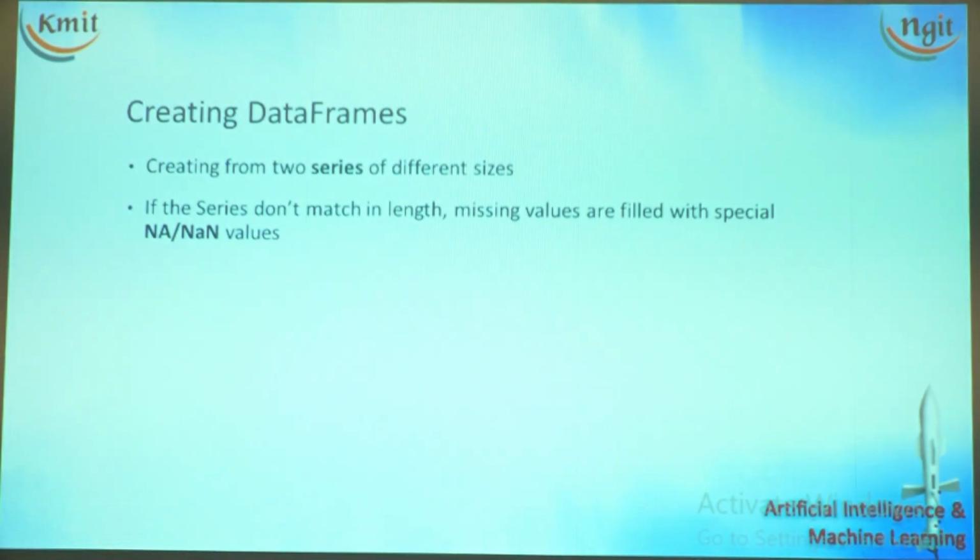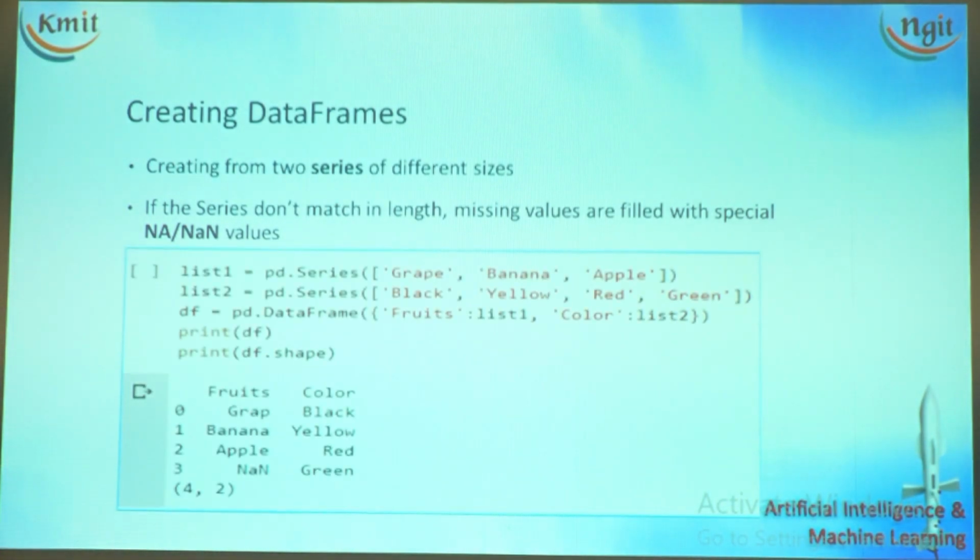When I want to create a data frame from two series of different sizes, if the series do not match in length, pandas will automatically take missing values as None values. Okay? So to avoid the value error, what should you do? Create it as a Series.